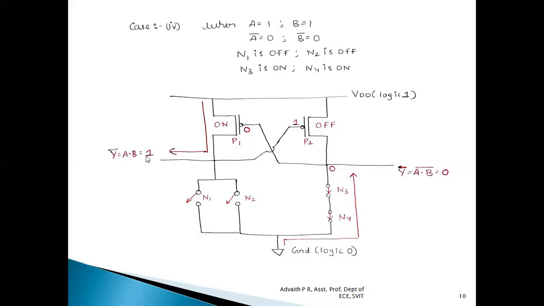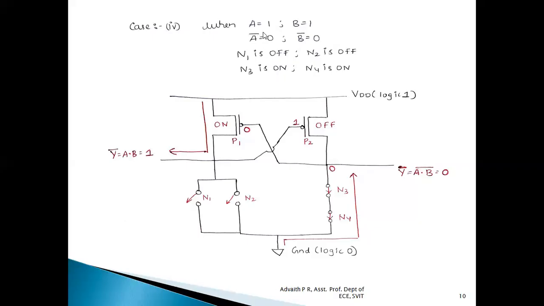So A dot B will be equal to 1. And ultimately, the output of this AND gate is in turn connected to the gate terminal of the P2 MOSFET. So when the gate input is equal to 1, that particular PMOS will be off, and hence there is no connection established between the source and the drain terminal. It acts as an open switch.